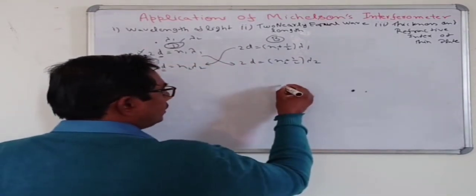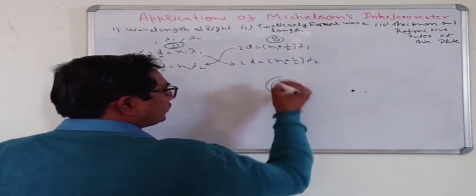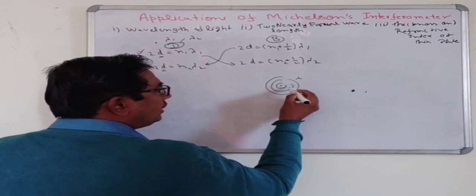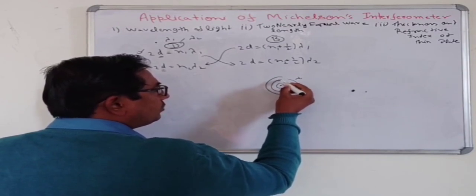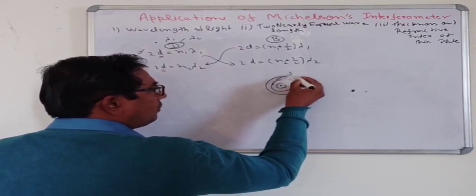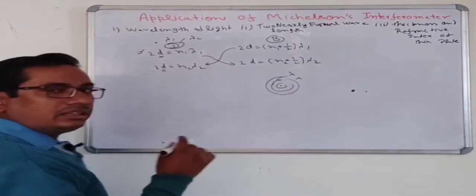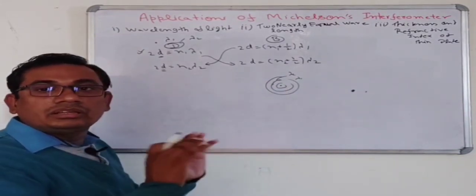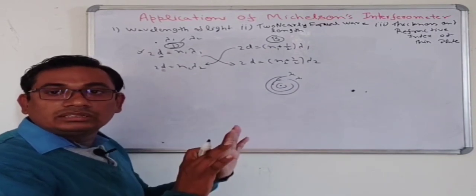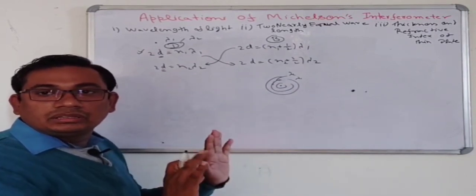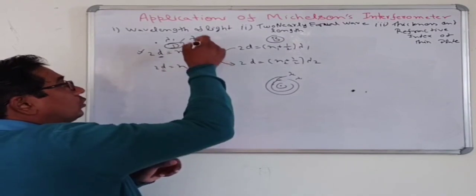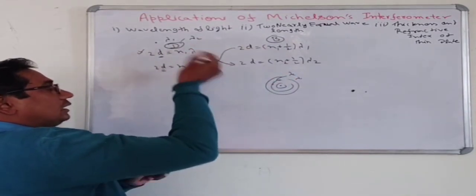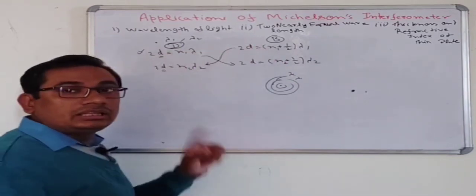Suppose here this one is the dark of lambda 1, and here comes the bright of lambda 2. You will see that all the fringes will be washed out. Nothing will be there, because one dark coincides with another's bright, and another dark coincides with bright.